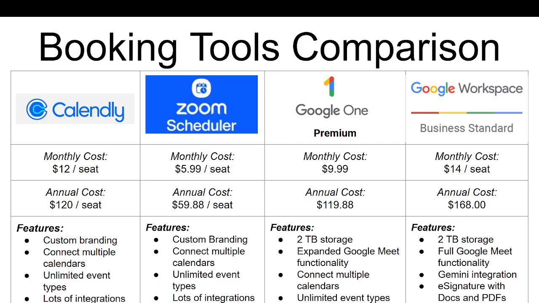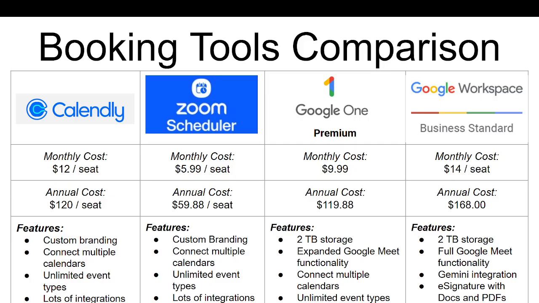However, by upgrading to Google One, you are upgrading your overall Google account to 2 terabytes of storage. So you have extended storage in your Google Drive, as well as expanded Google Meet functionality, the ability to have longer meetings with more people. So now you are able to use Google Meet. Again, if you think about it, we're comparing Zoom Scheduler.